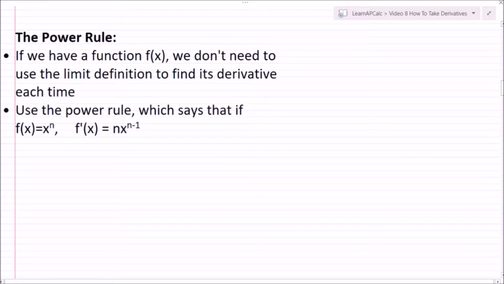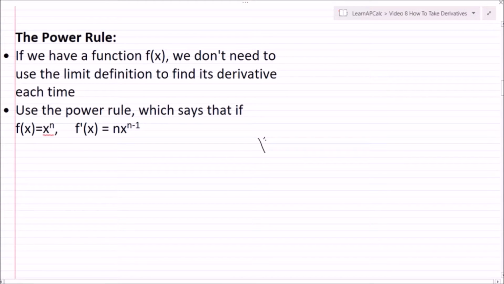Alright, so the first way to take a derivative is the power rule. If we have a function f of x, we don't need to use the limit definition to find its derivative every time. The easiest way is to use the power rule, which says that if we have a function of x equaling x to the n, its derivative is n times x to the n minus 1.